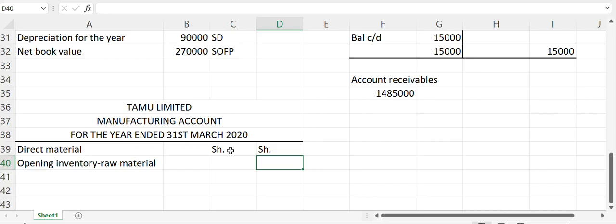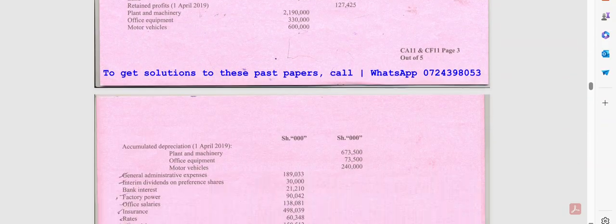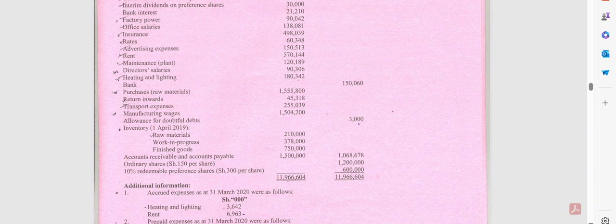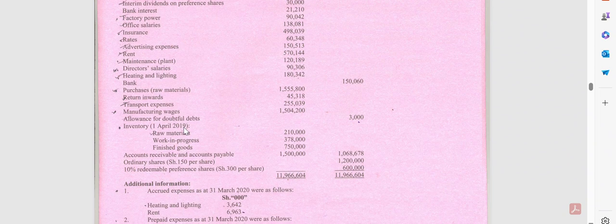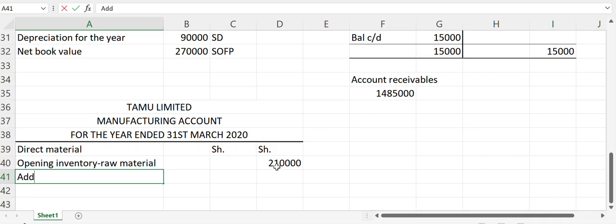So let us go and take the figure for opening inventory. We go to the trial balance. Opening inventory should be somewhere here. 1st April 2019, yes, 10,000. So we record the 10,000. Then you add purchases.